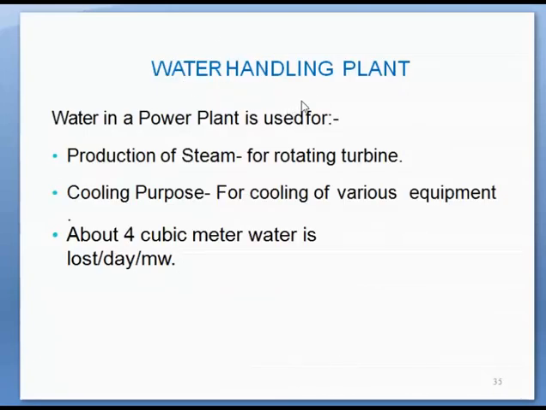Water handling plant. The water used in a power plant is for production of steam and for cooling various equipment, and in general about 4 cubic meters of water is lost per day per megawatt.